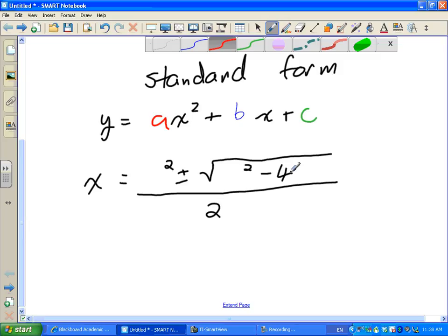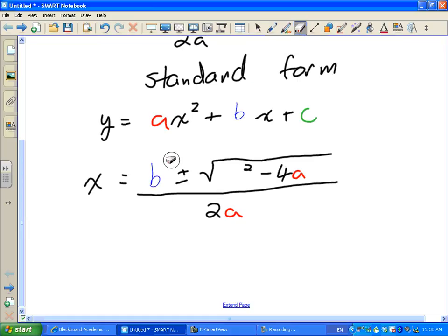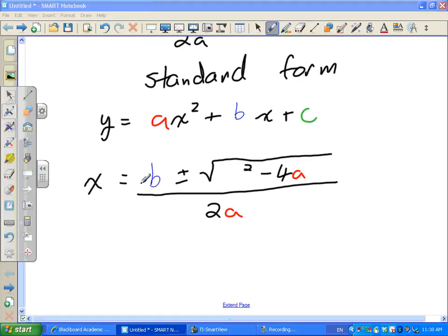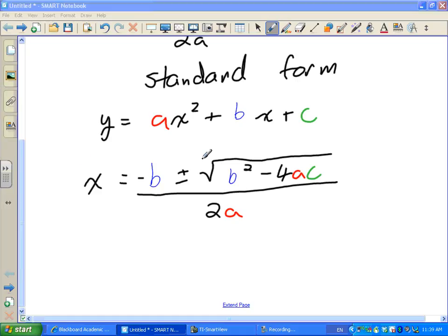Okay? So we have our a. Oh, I should have written negative. And c. So, this is your quadratic formula.